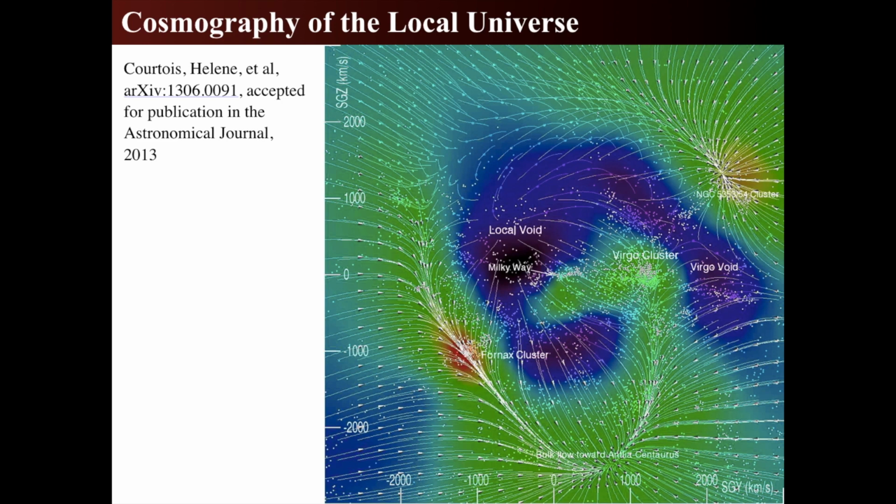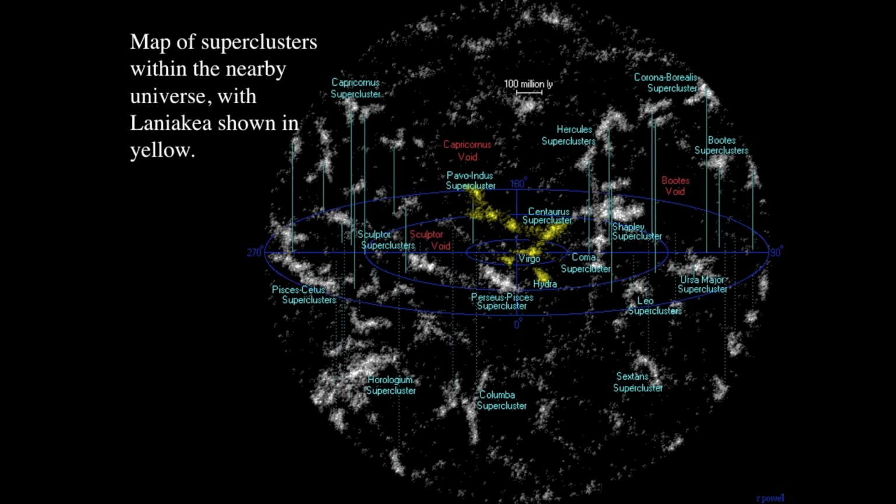And so what we have is the flow diagram, and then if we take that flow diagram and ask what's actually grouped together, we can name those groups, and we find that there are all these superclusters in and around our area. And we find that the superclusters are within the local billion light years in area.